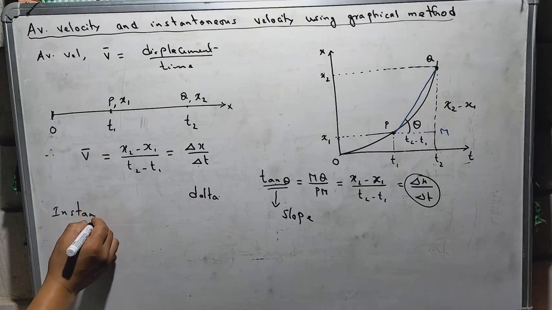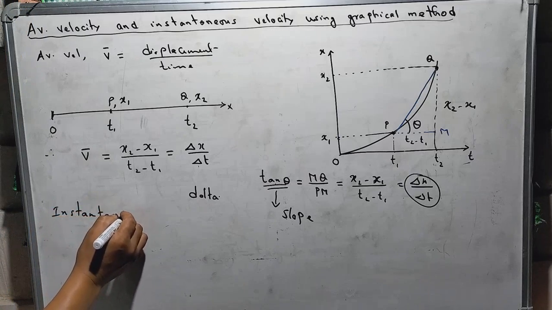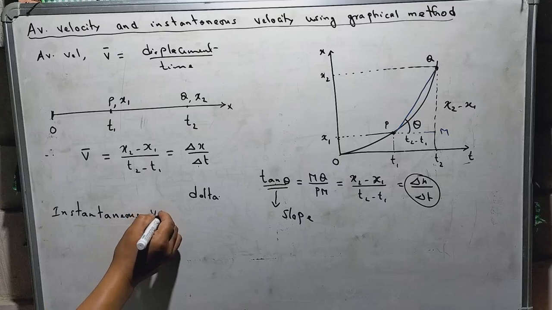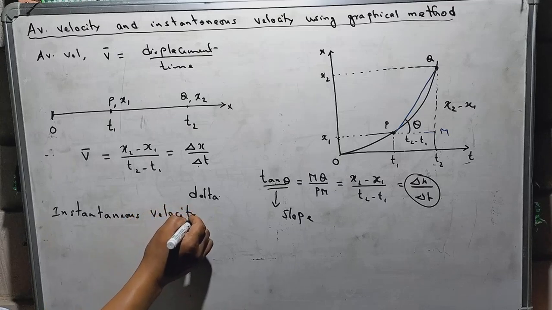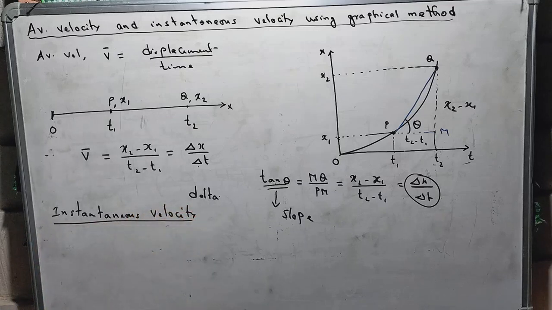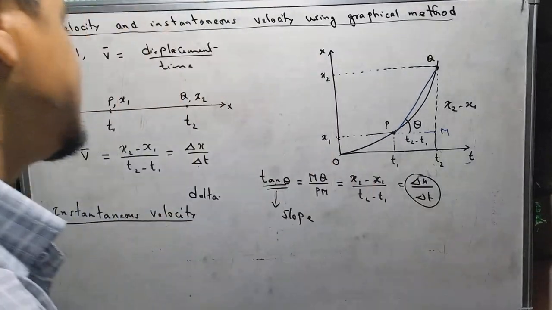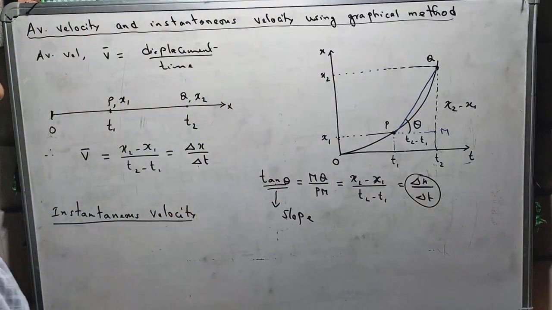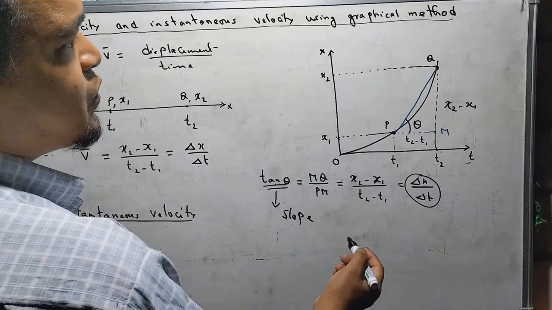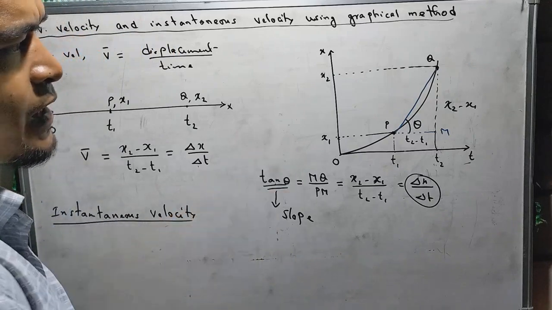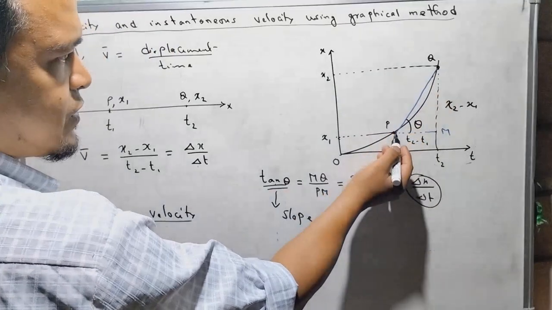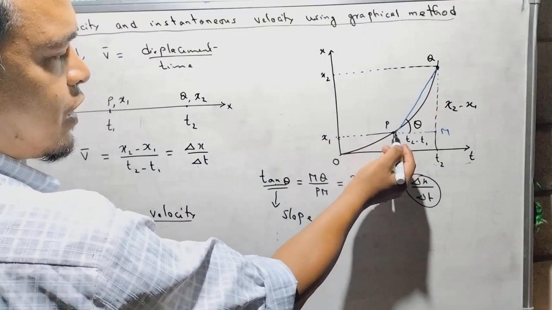Instantaneous velocity. We know instantaneous velocity is defined as the velocity at a given instant of time. Now suppose I want to calculate the instantaneous velocity at a time t1. At this time t1, how much is the velocity?